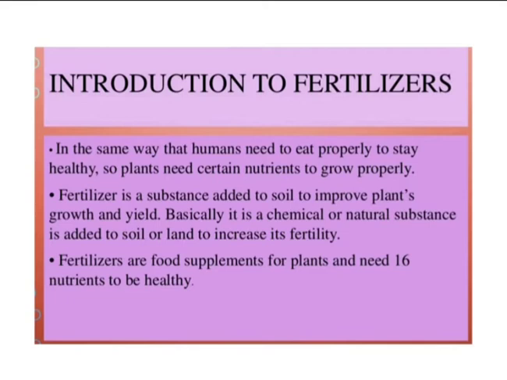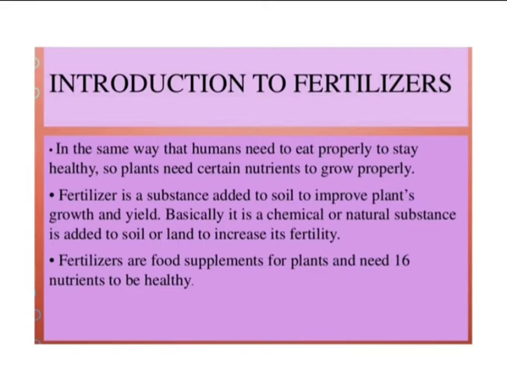The organic fertilizers contain compost fertilizers and so on, and the inorganic fertilizers or artificial fertilizers, that is urea, then our other fertilizers which we buy from the market. These are the artificially prepared fertilizers.